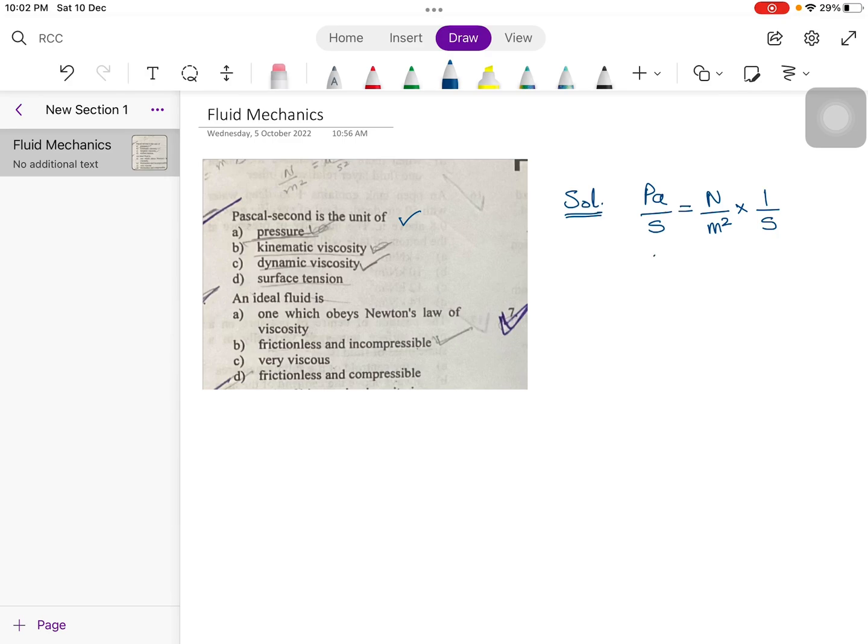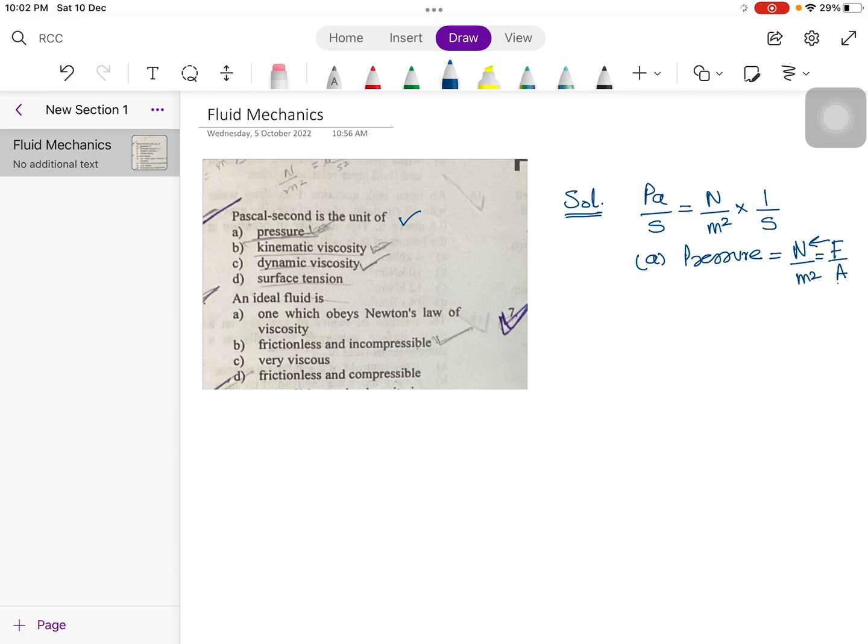The first option of this question is pressure. The unit of pressure is Newton per meter square, which we very well know since pressure is force per unit area.